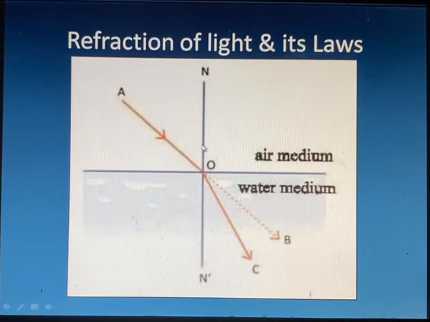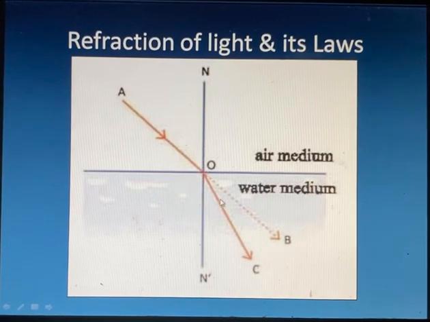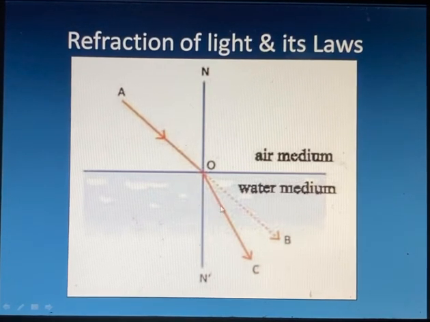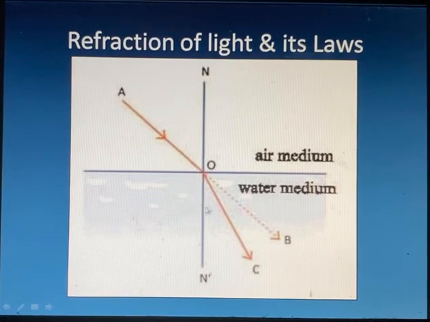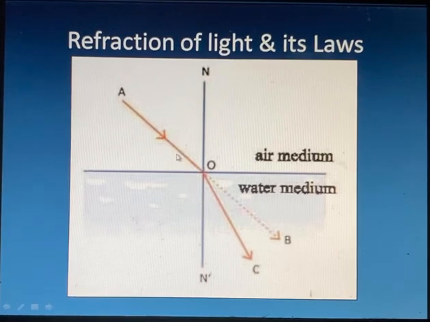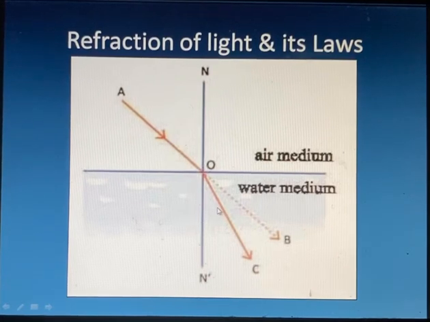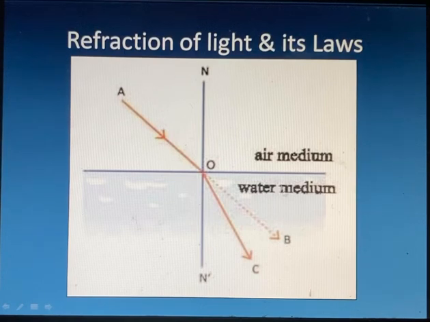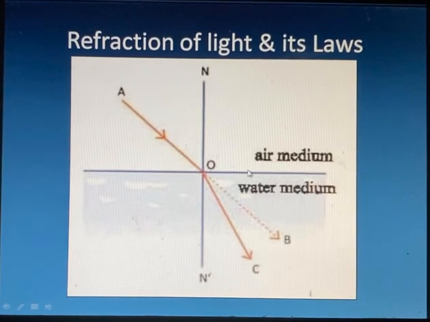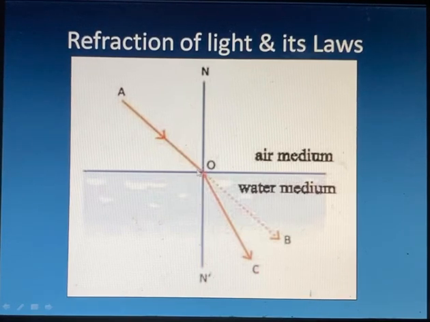Means this angle by this angle, the ratio always remains constant. What are the conditions? Of course, the particular color of light must be there, and another condition is that the pair of medium must be particular or fixed. So that is the second law.